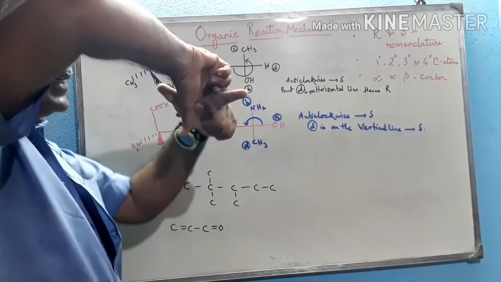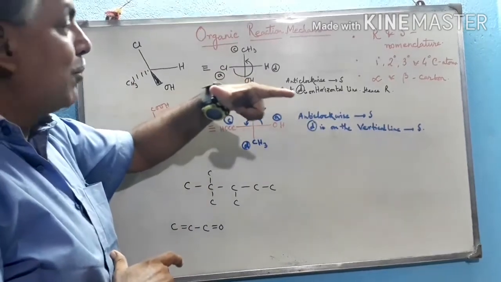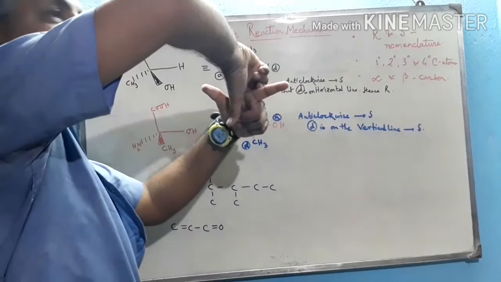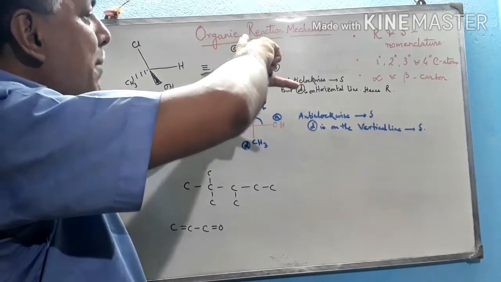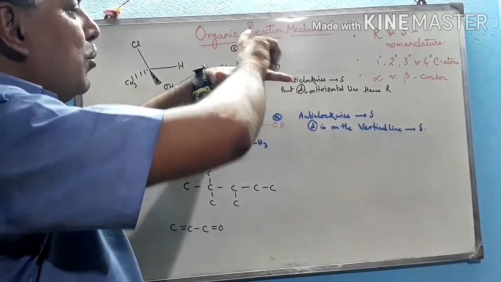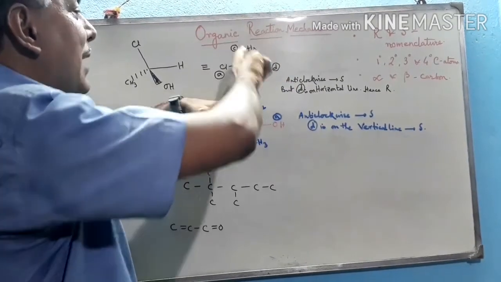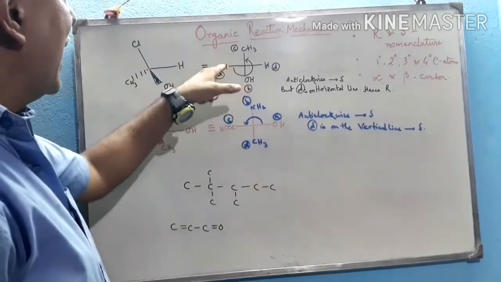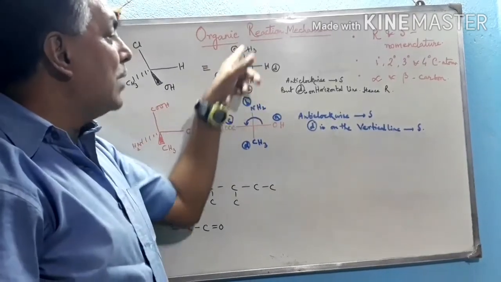So if we tilt it 90 degrees, then this represents the horizontal bond, that means Cl and H, and CH3, which was below the plane, goes towards the up, and OH at the down, both are below the plane, and that's why they are on the vertical bond. CH3 and OH are on the vertical bond. So see that Cl and H are on the horizontal, CH3 and OH are on the vertical.